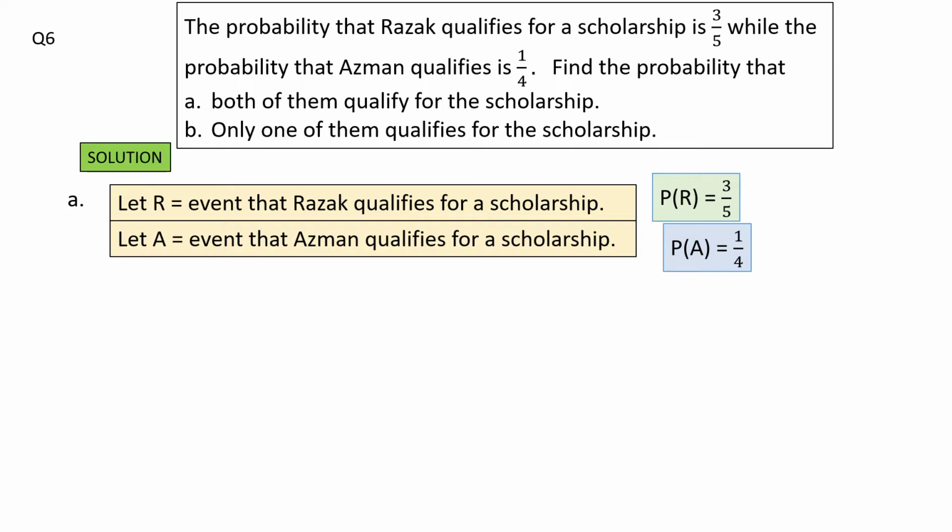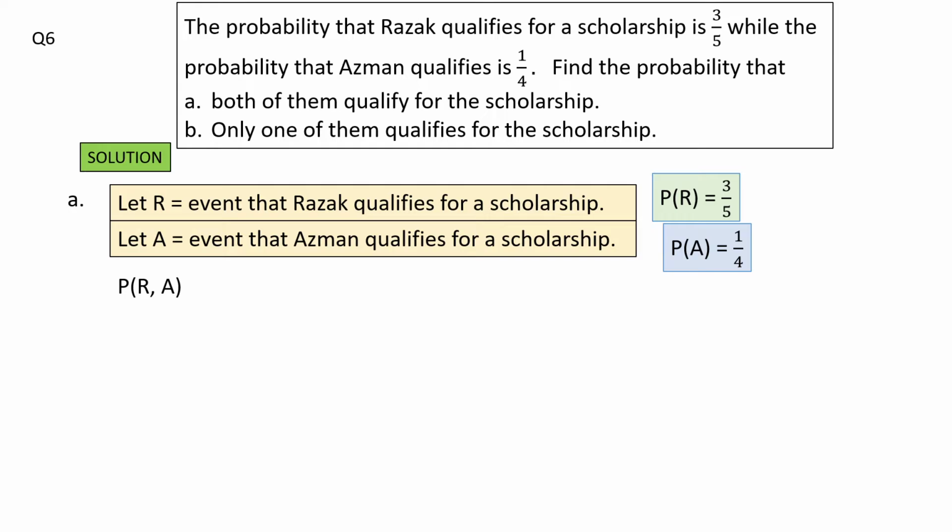For the first question, you are asked to find the probability that both of them qualify for the scholarship. So that will be probability Raza qualifies and Azman qualifies, and we have only one outcome here.